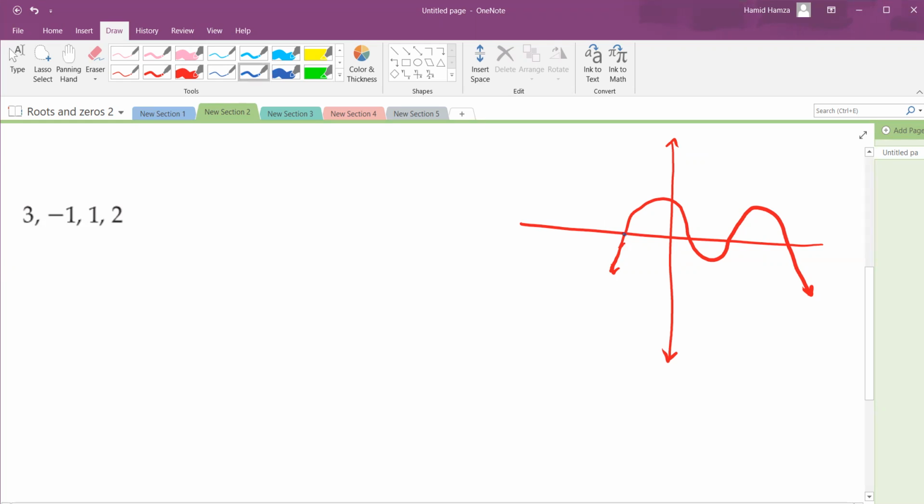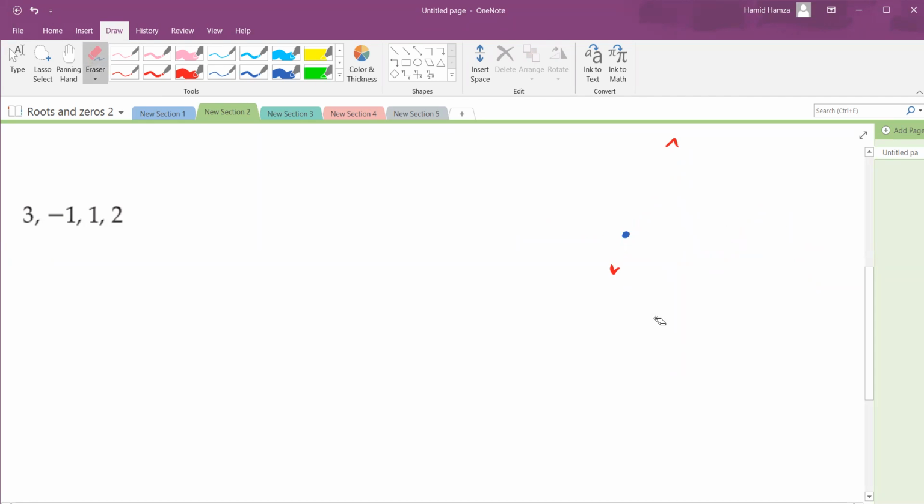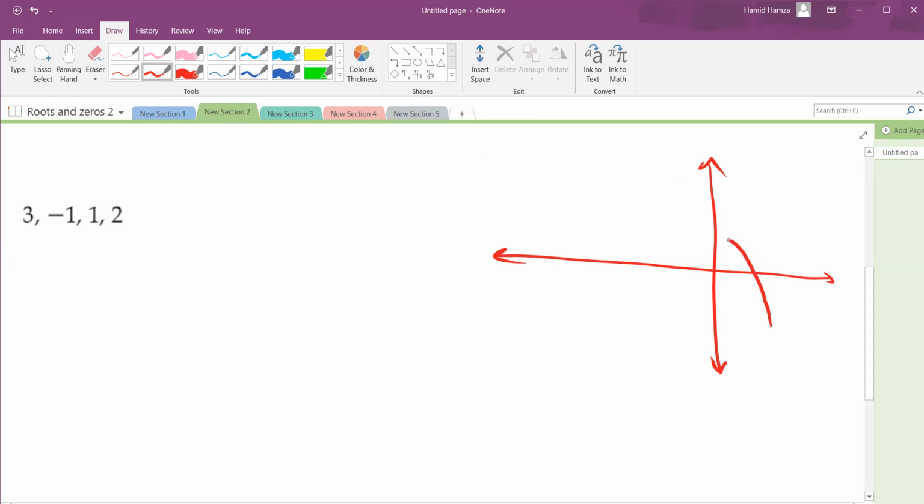Okay, so it may give you this on a graph like this.